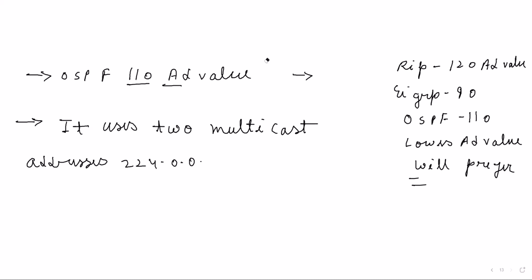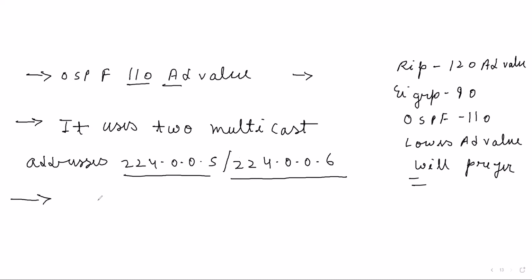By mistake I said RIP before. Two multicast addresses it uses. Don't think about why it uses them, just see that it uses them. One line: it is a classless routing protocol. I already told you about classless routing protocols.